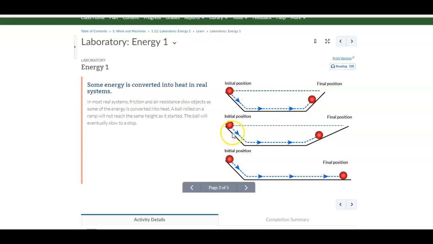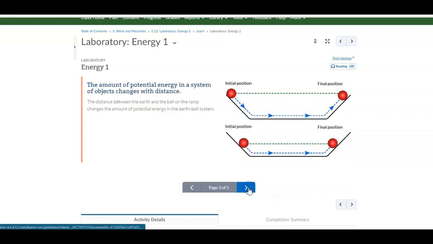And if it were to just roll on forever, eventually friction and air resistance would cause it to stop. The amount of potential energy in a system of objects changes with the distance. So the distance between the earth and the ball on the ramp changes the amount of potential energy in the earth-ball system.